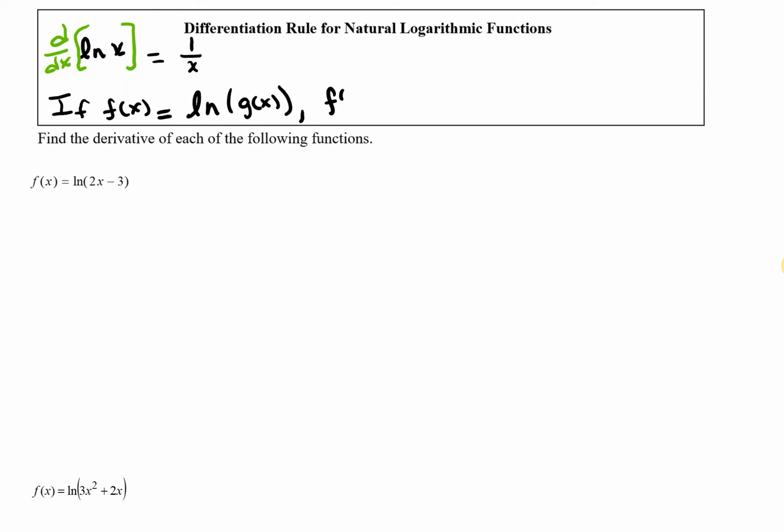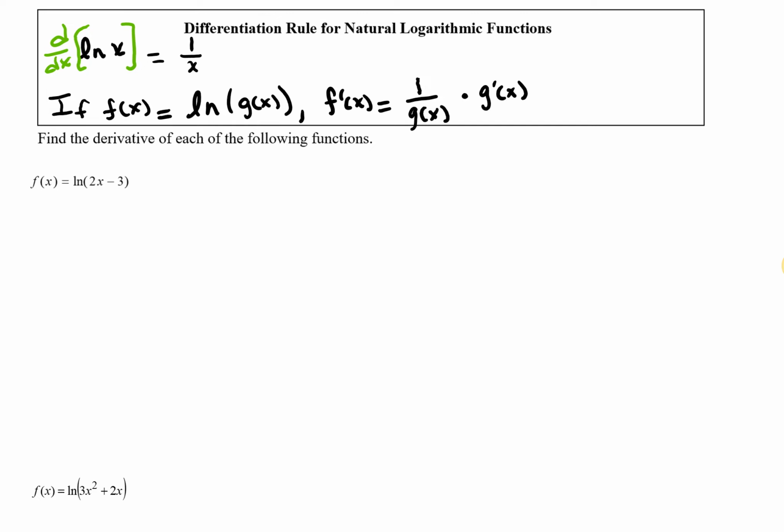Then we take the derivative, f prime of x, and it's simply 1 over g of x times g prime of x, which is the derivative of the inside. So if you look at it, you should start making the connection that this is really related to the chain rule. Okay, so we're going to take a look at a few examples, and they're really not terribly difficult. The simplification might seem difficult, but it's not too much that you'll have to worry about.